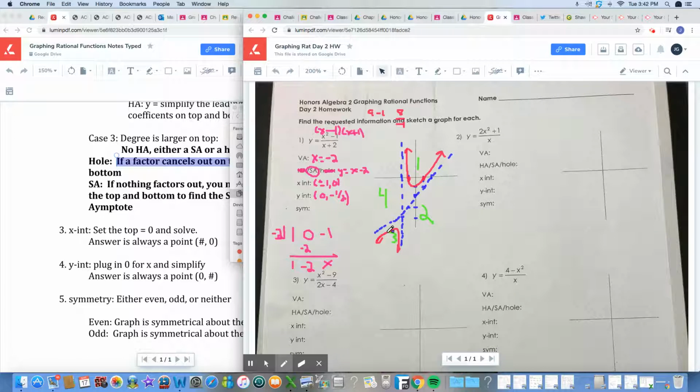All right. So there's a couple examples of a slant asymptote, a couple examples of a hole. Do your best to do the homework. All right. I think there's like 10 or so problems on this worksheet. Do the best that you can. What I'll do is sometime today I will put up a video explanation of all of the homework problems.